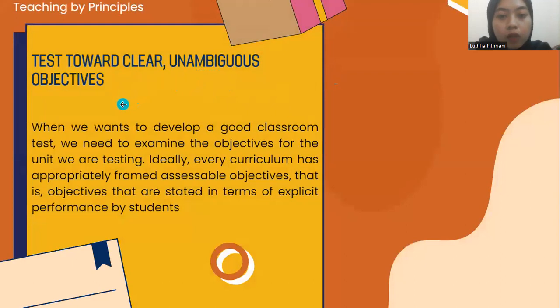When we want to develop a good classroom test, we need to examine the objectives for the unit we are testing. Ideally, every curriculum has appropriately framed objectives, that is, objectives that are stated in terms of explicit performance by the students.